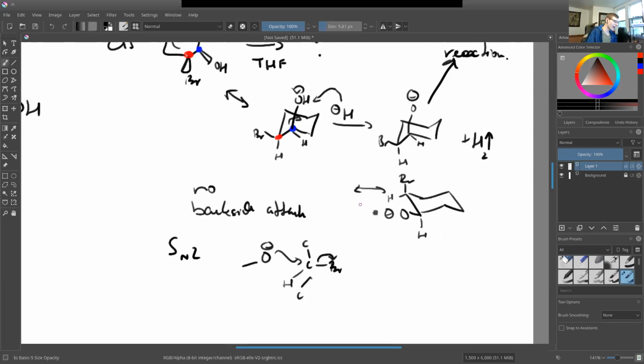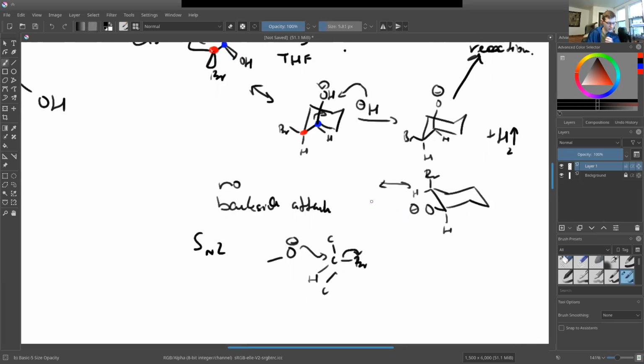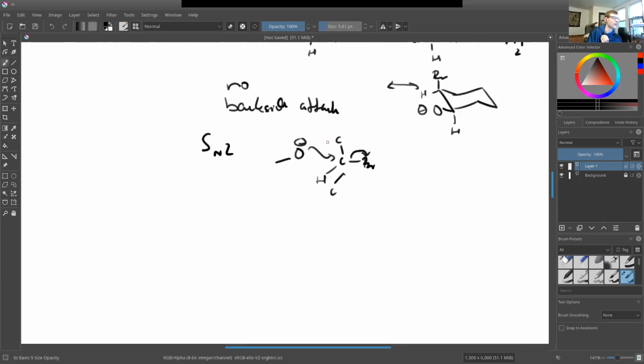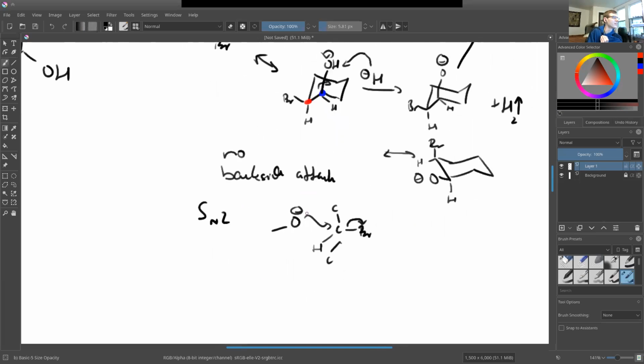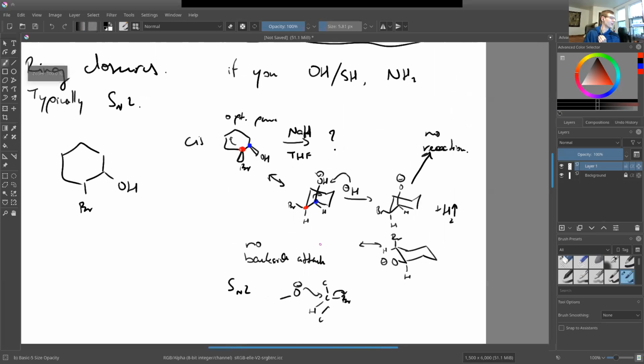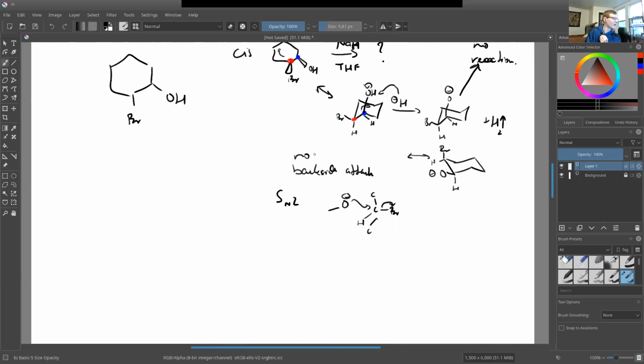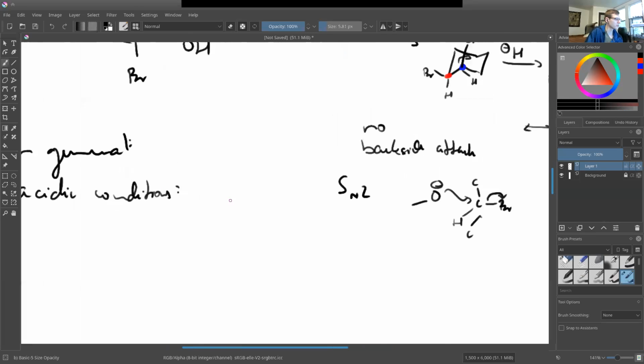Oh, okay. Yeah, so this is kind of a general thing. We'll get to the trans case, I promise. So in general, if you have acidic conditions, then carbanions aren't allowed.